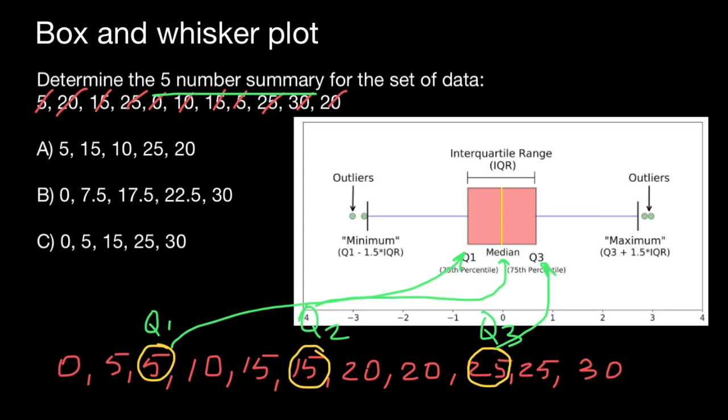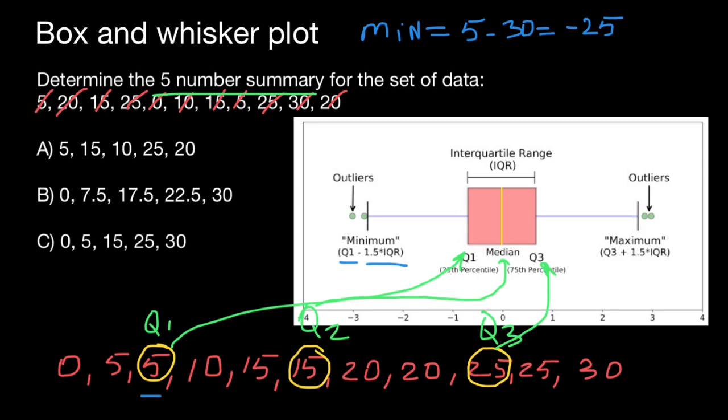So the minimum is quartile 1, which is 5, minus 1.5 IQR. We found that the IQR is 20, times 1.5 is 30. So the minimum would equal 5 minus 30, which is minus 25.